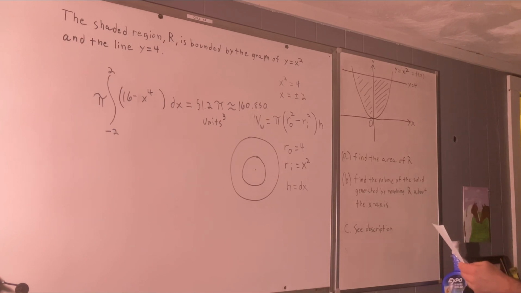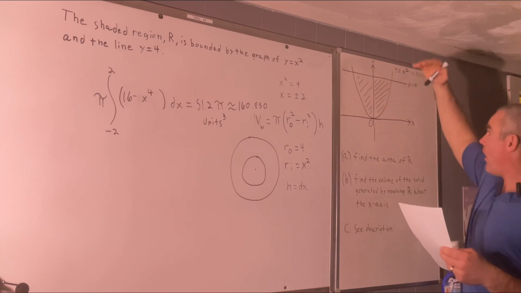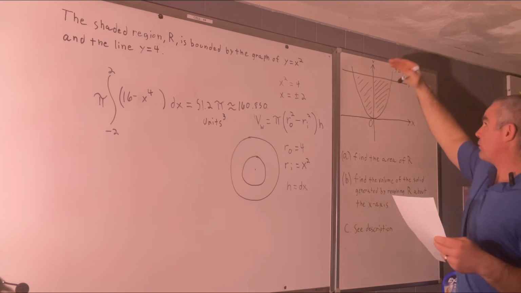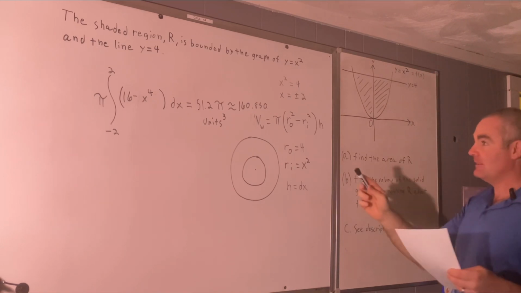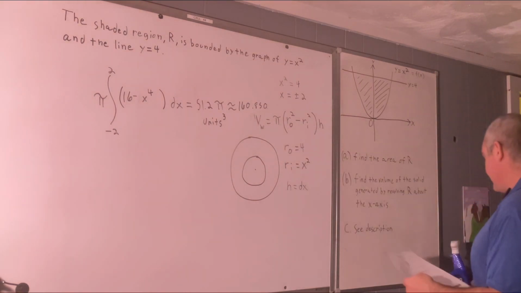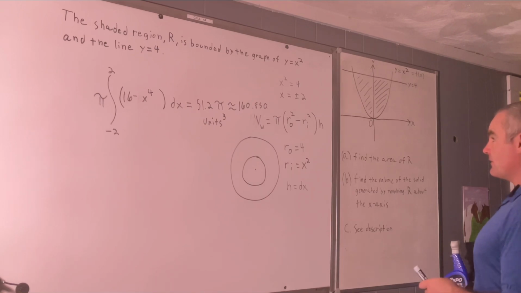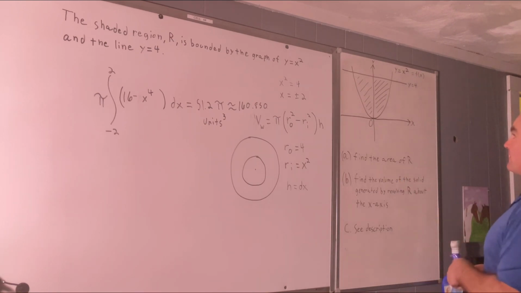We don't know what k is. We want to make k so that when you revolve that thing around the line y is equal to k, you get 51.2 pi.